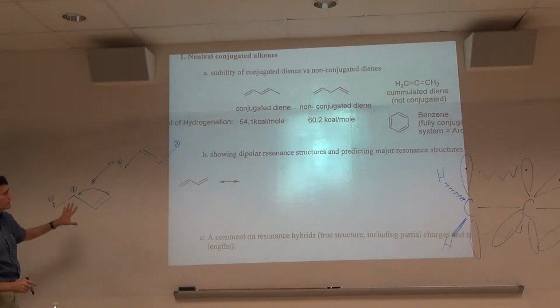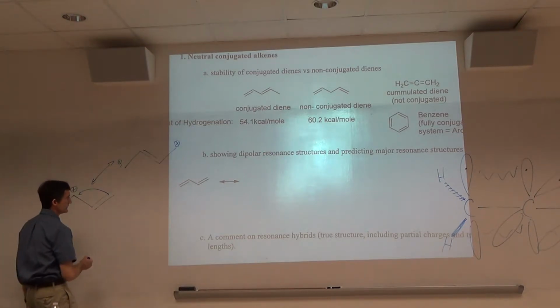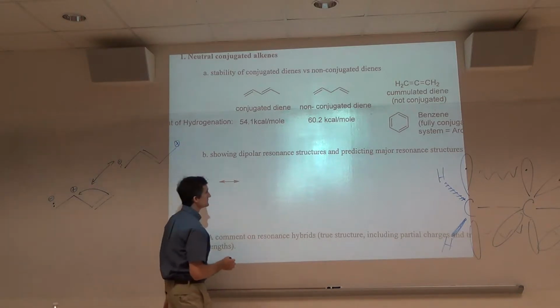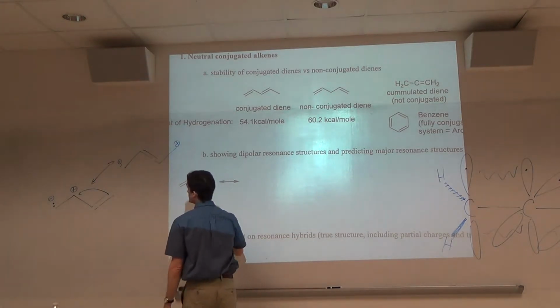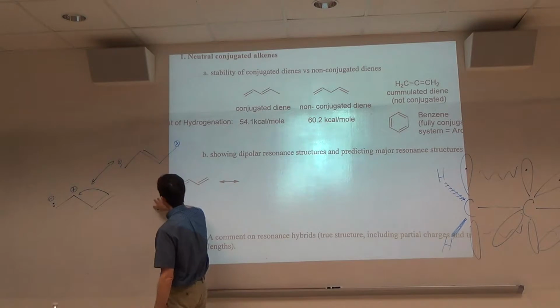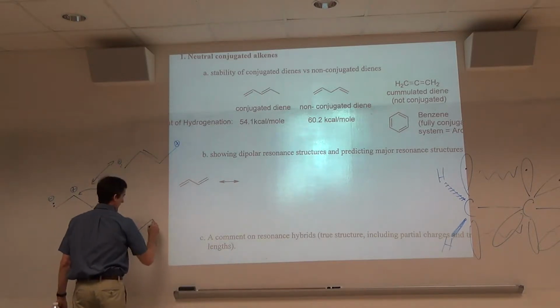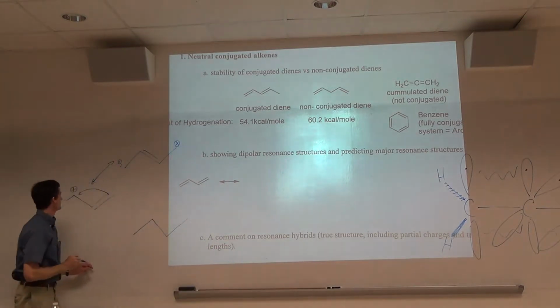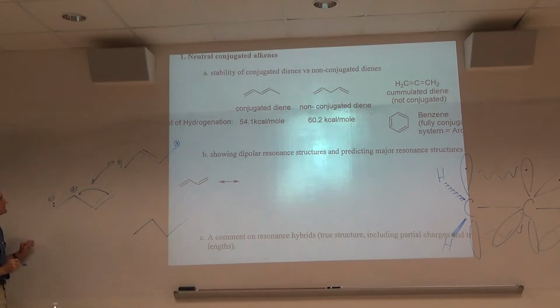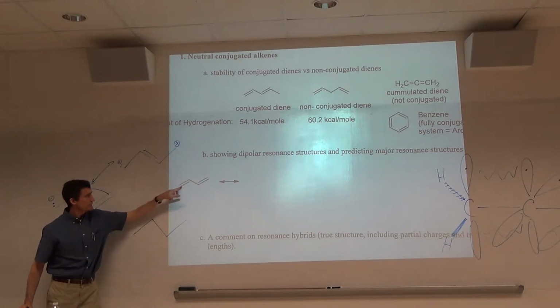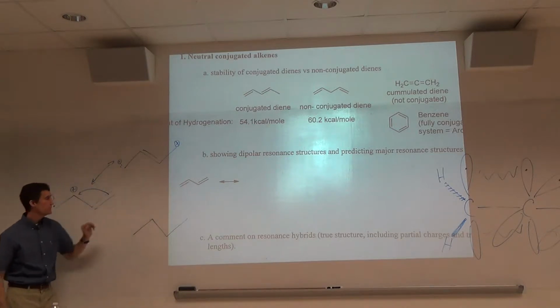Polarized structures. What is the true structure? The true structure is a blend of these. Here it is a full double bond. But look over here.